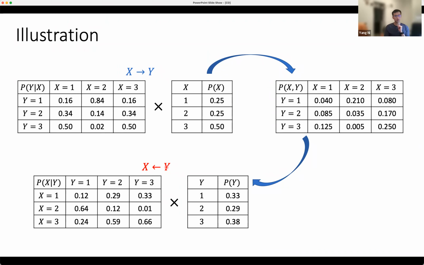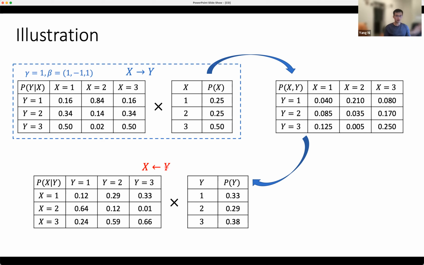But what I haven't told you about this particular example is, if you focus on the first graph, x causes y, the blue model, the numbers you see in these two tables, y given x and the margin of x, are calculated based on this particular choice of parameters in the ordinal causal graphical model that I introduced two slides ago.